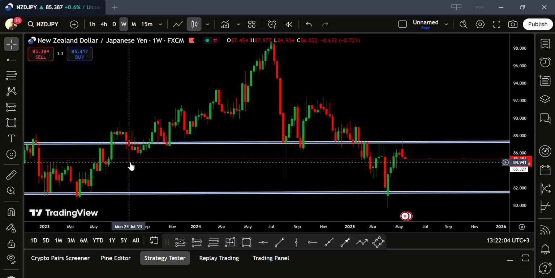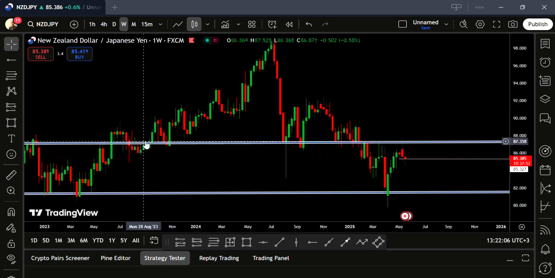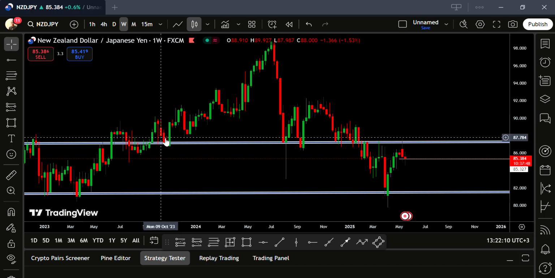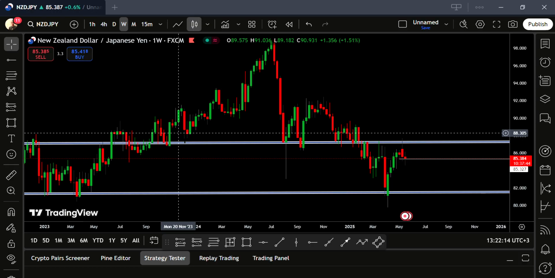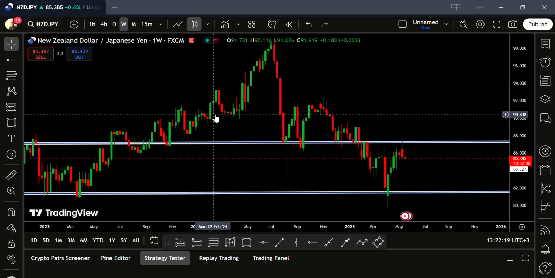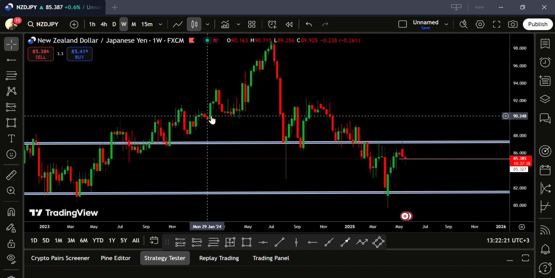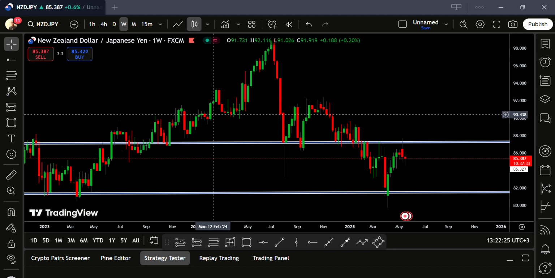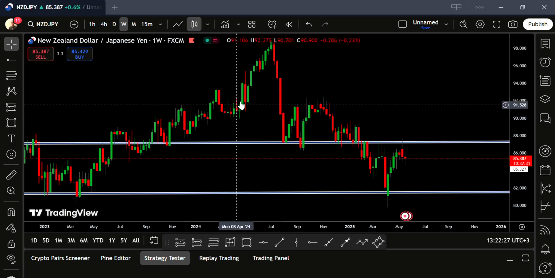If you entered here, you pushed price up to here to another higher high, and then we made a higher low, giving us a demand zone here. If you entered here, you pushed price up to here, giving us a higher high, giving us another demand zone here. Wow, this was so efficient, giving us another demand zone here, and then you push price up to here.